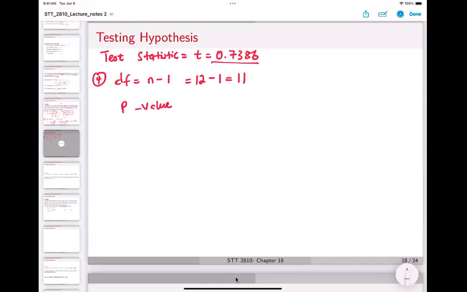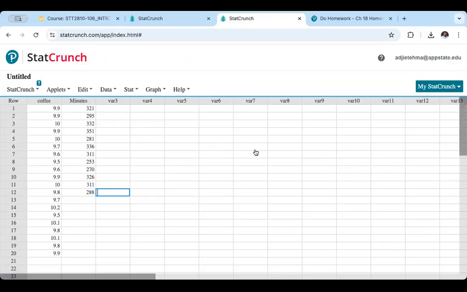So let's go to StatCrunch. So we are in StatCrunch. We are going to read the p-value. Remember, this is for the t distribution. Is that okay? Z is for normal, but this is for the t distribution.